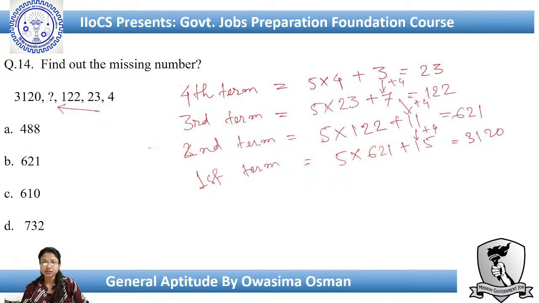So this pattern is correct, and our next number after 3120 will be 621. So option B is correct.